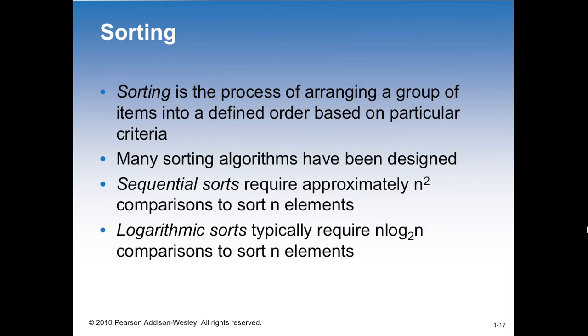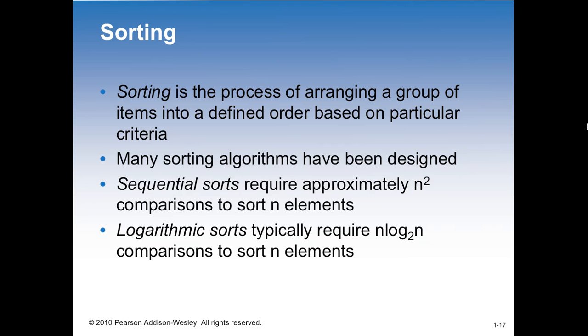In terms of sorting, we're going to do a binary search, but we're going to sort the list first. Well, there are different techniques to sort the list. Sorting is the process of arranging a group of items into a defined order based on particular criteria, something in the item. Many sorting algorithms have been designed. A couple we can look at would be the sequential sort.